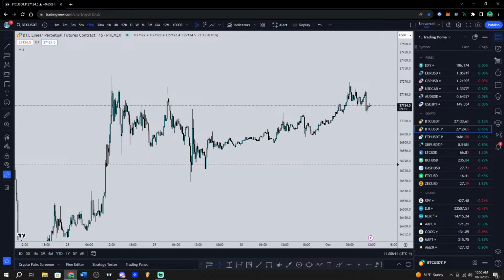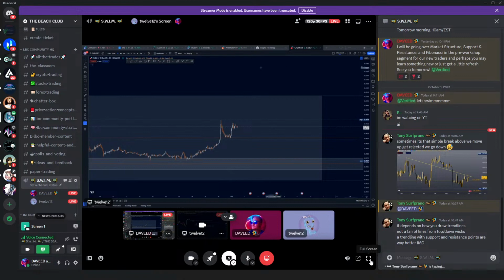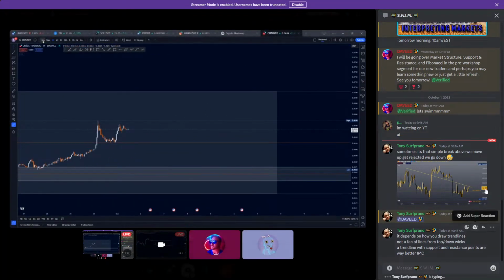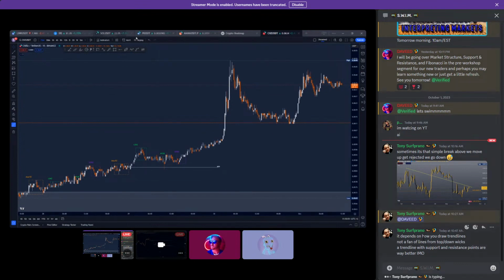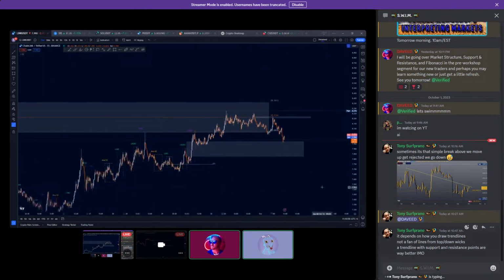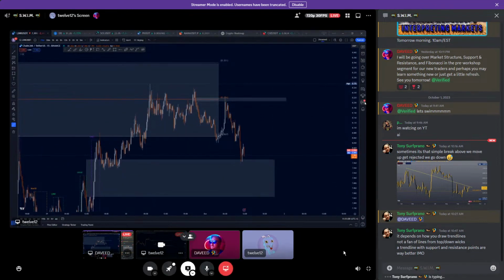Was this while we were on the horn? Oh no, this is hourly. Never mind. It's not doing anything. Okay. It depends on how you draw trend lines. Not a fan of lines from top down wicks. A trend line with support and resistance points is way better. I mean, I agree.